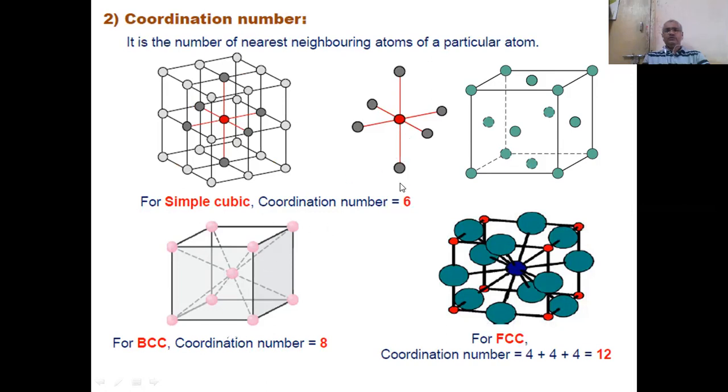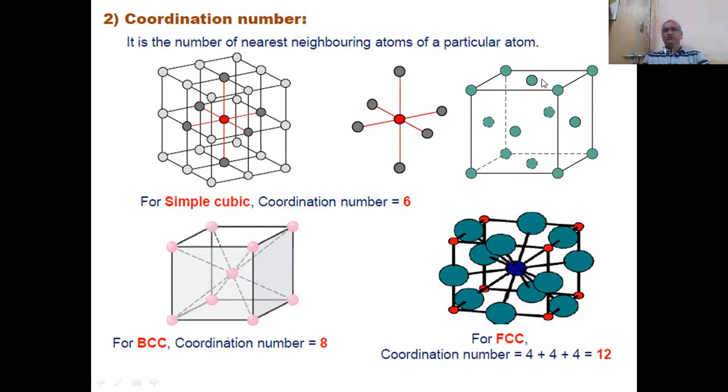For body center, all the corner atoms are the nearest neighbors, and therefore the coordination number is 8.